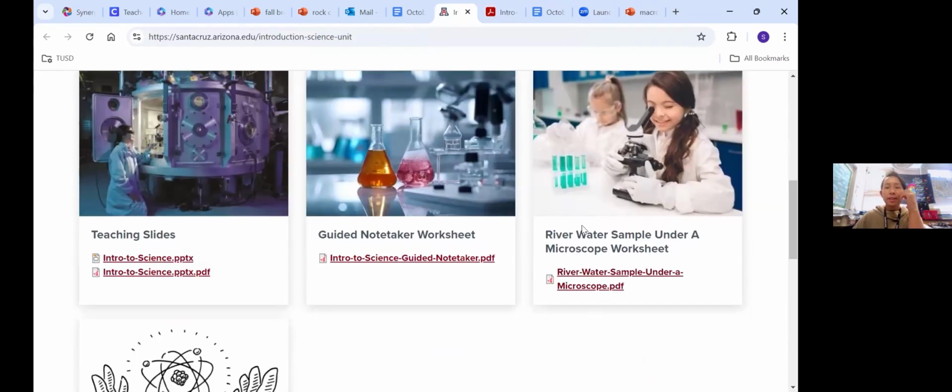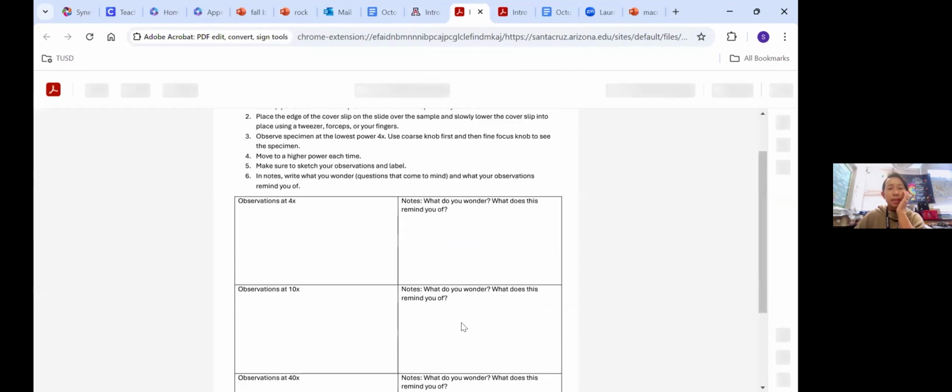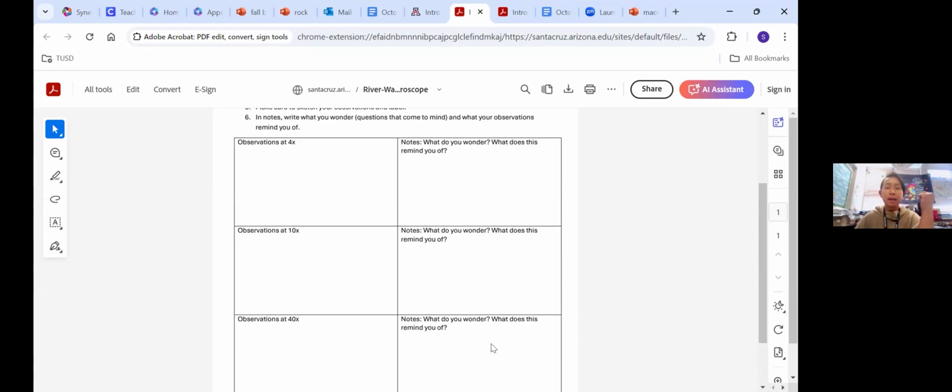But for the activity, I do need to modify this one. This is the one where I had them look at the river water sample, ask questions about it, and say what it reminds them of. What was interesting is that a lot of the students did well at what it reminds them of.